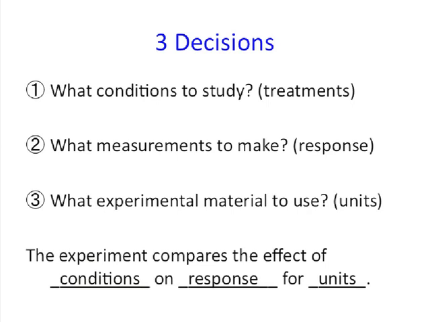Those are the units, whether they're people or some kind of material. You should be able to take the answers to those 3 questions and put them in a sentence, such as the one I have at the bottom. Sort of fill in the blank kind of question. The experiment compares the effect of these various conditions on some kind of response for these units.